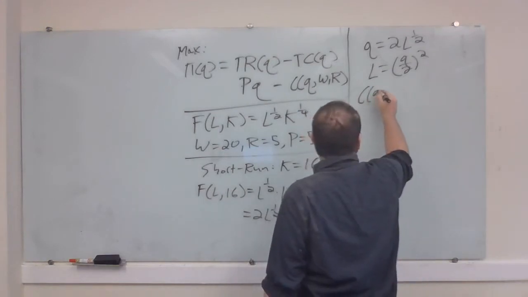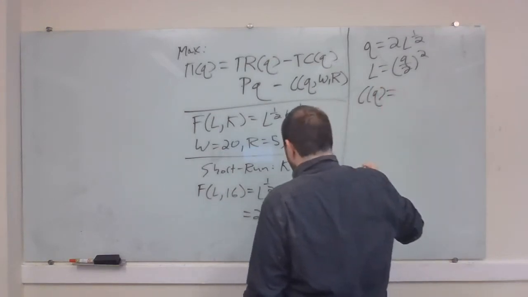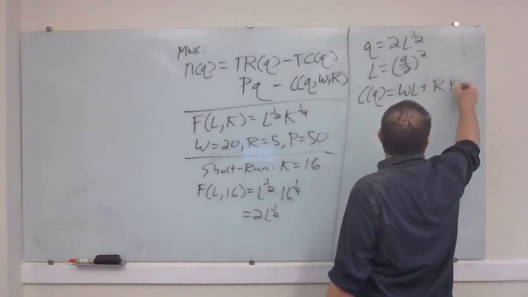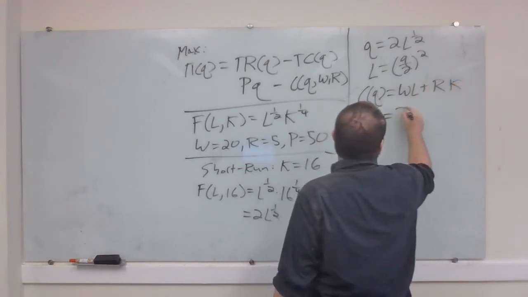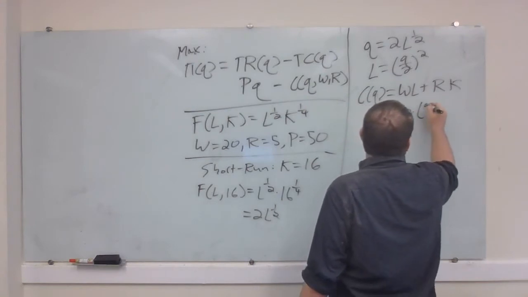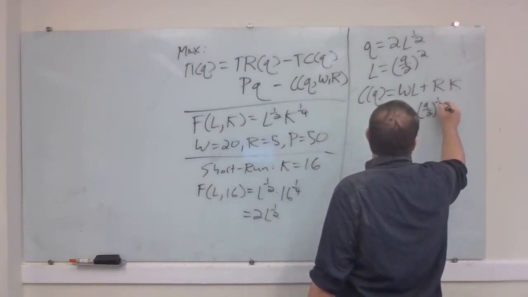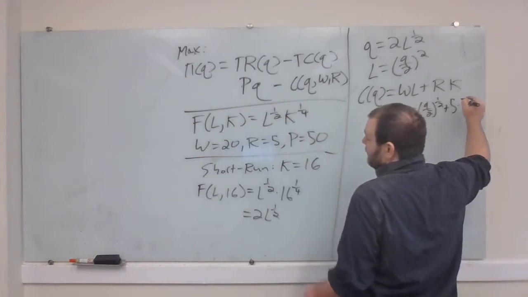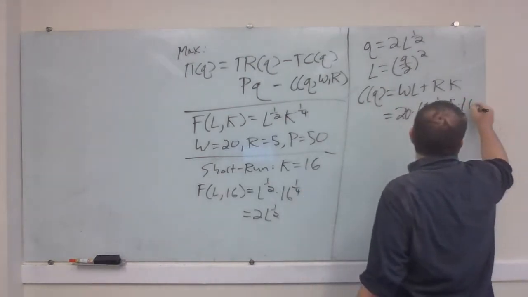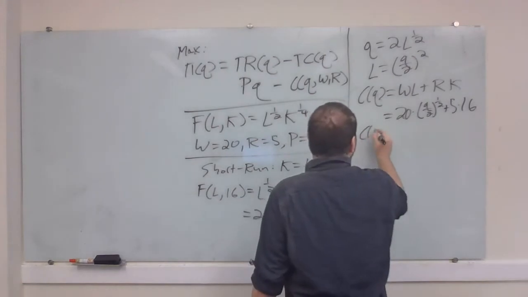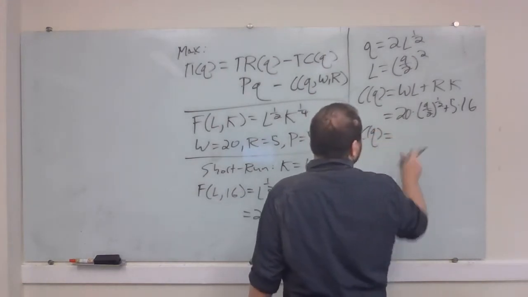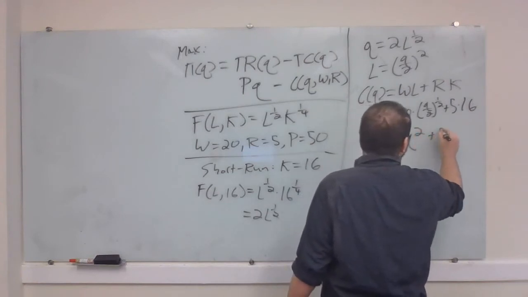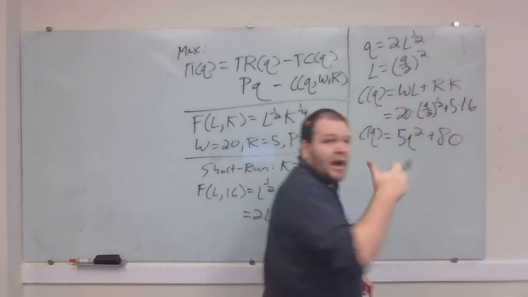And therefore our costs of producing Q units of output will just be WL plus RK, right? Which is going to be 20 times (Q/2)^2 plus 5 times, what do we say our capital was, 16, right? So our cost of production is just going to be given by 5Q^2 + 80. Awesome.